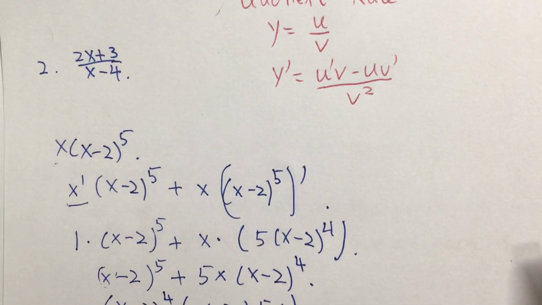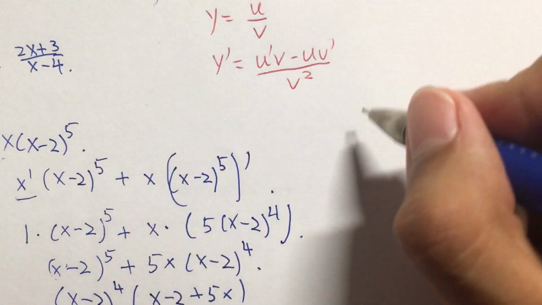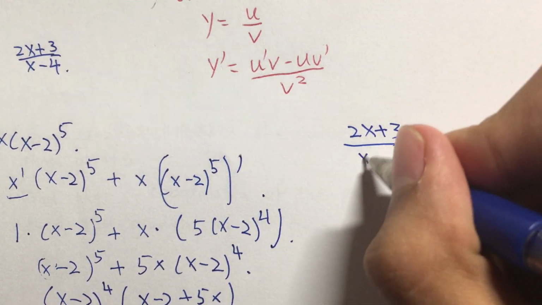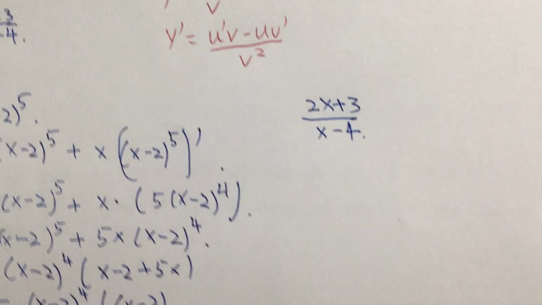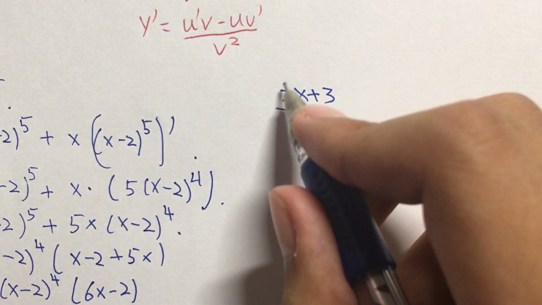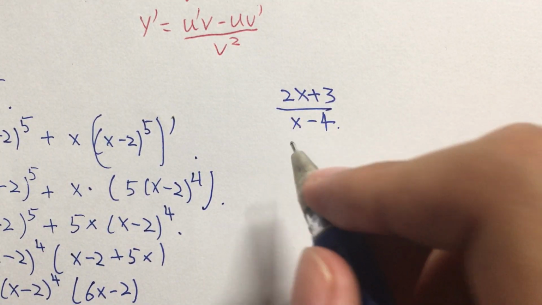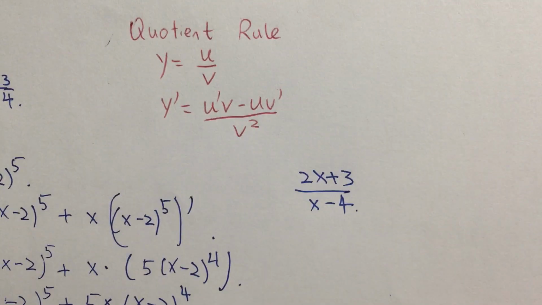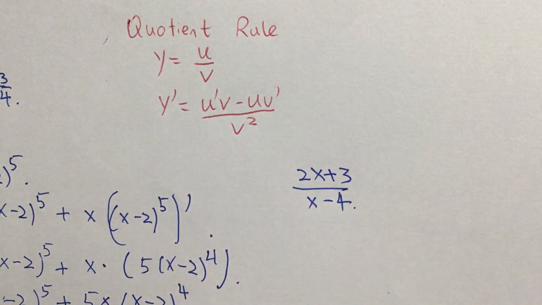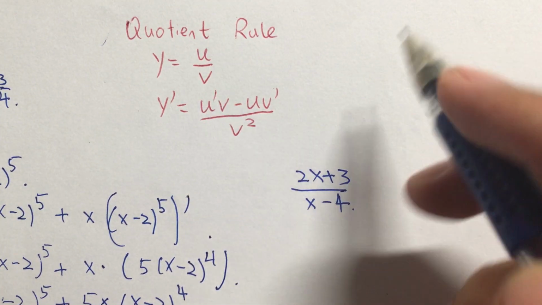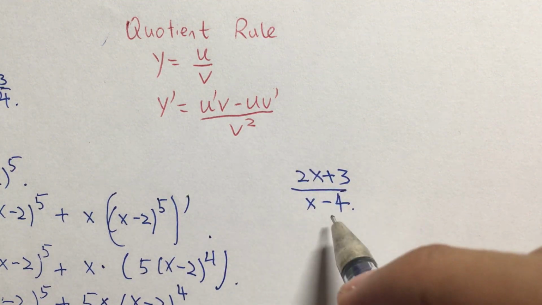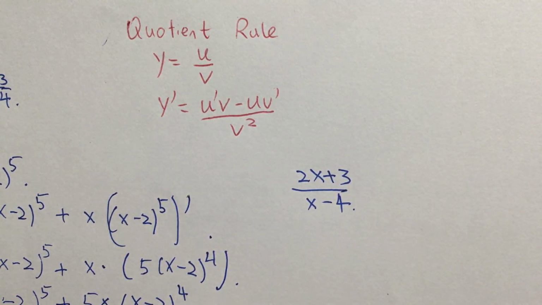Let's do the other question, which is to differentiate (2x plus 3) over (x minus 4). Obviously these two are divided, which means we should apply the quotient rule, because here we have u over v. We can assume that 2x plus 3 is equal to u and x minus 4 is equal to v.